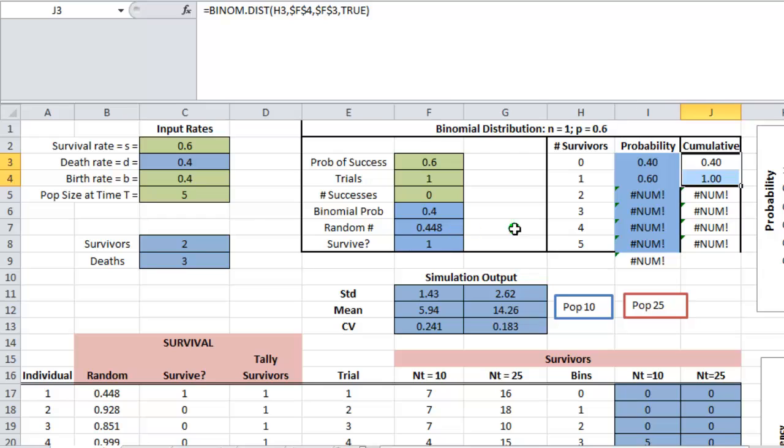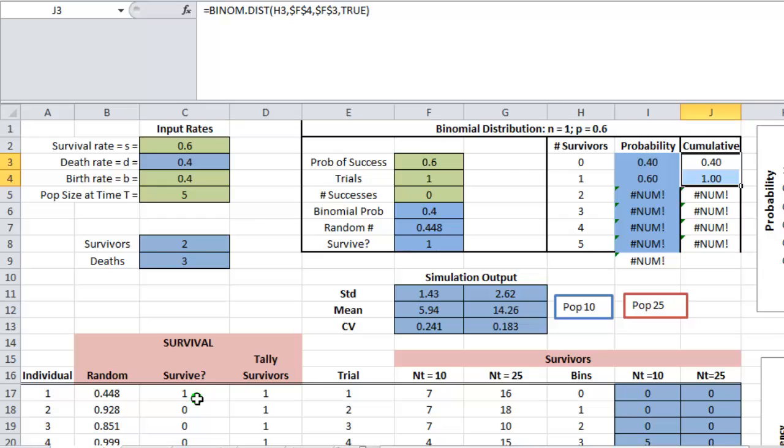So it's finding 0.448 and then it's returning the number. So 0.448 is associated in this column and it's returning this number 1 for the number of survivors. So in this case it's backwards than the if function.